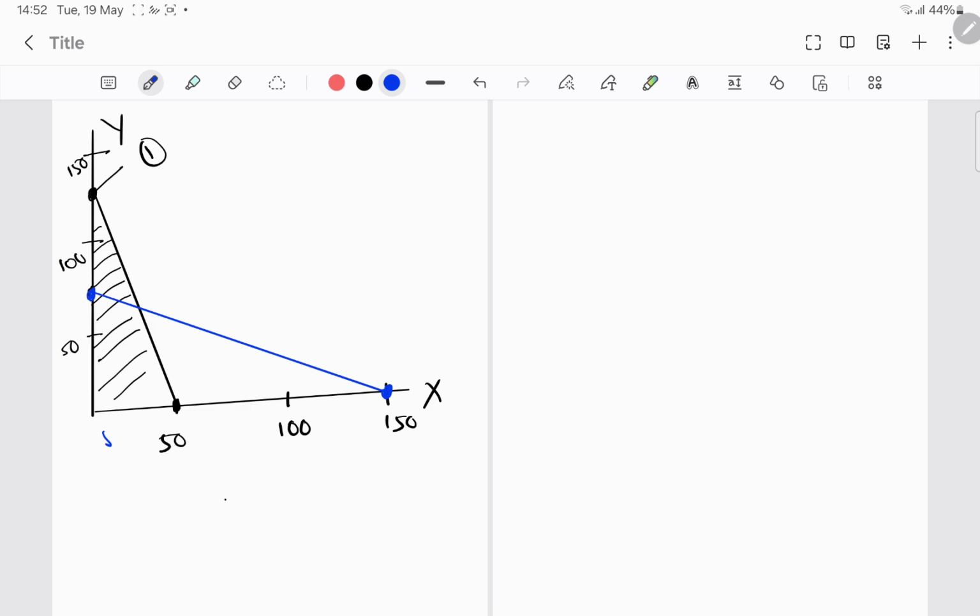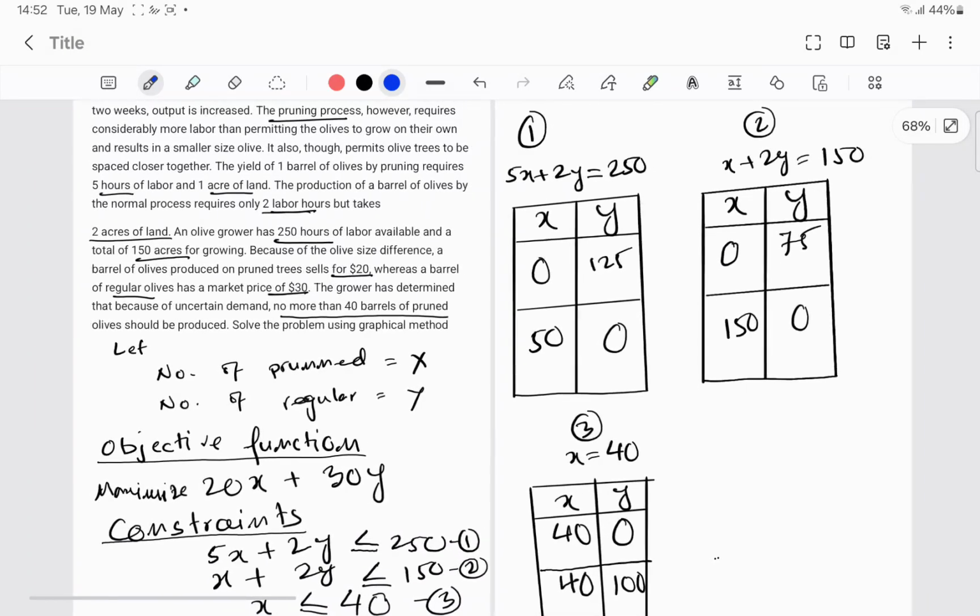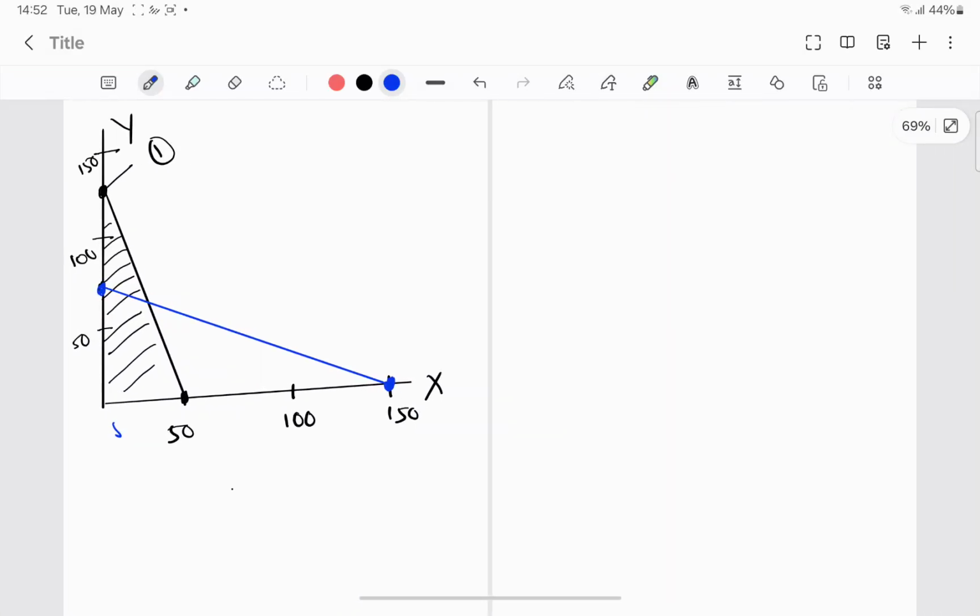Okay. Now in the same way, this one says x plus 2y less than or equal to 150, which means anything below this line is your feasible zone. Now you have to be a bit careful, because below this line are these lines too, but these lines are on the right side of equation 1, so these are not our feasible zone.